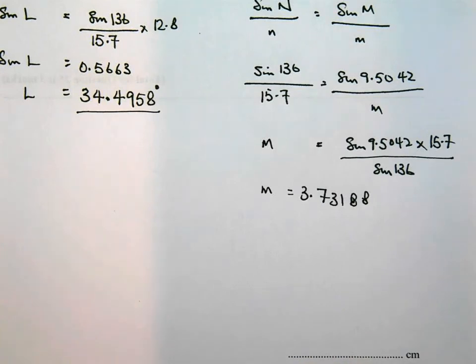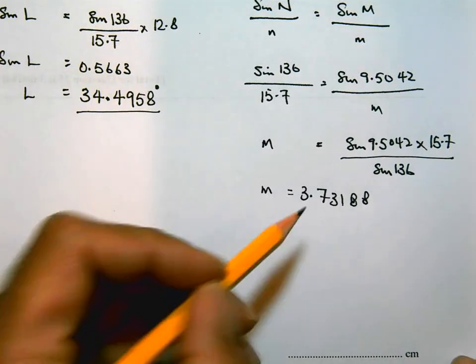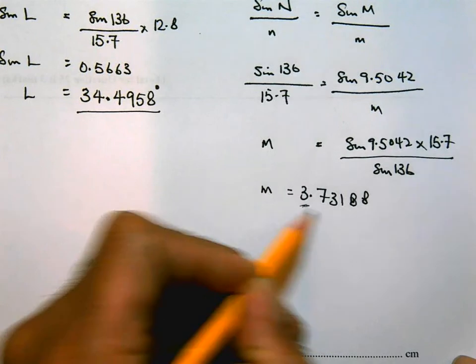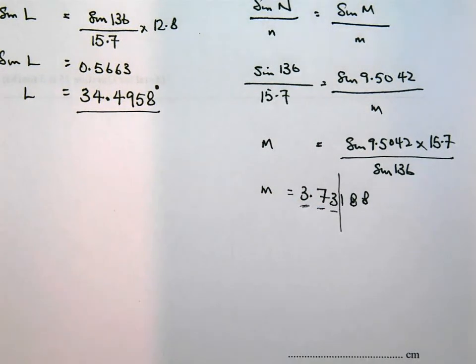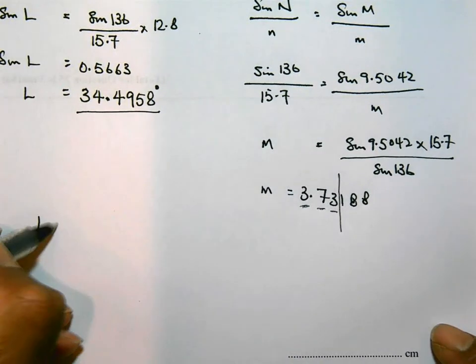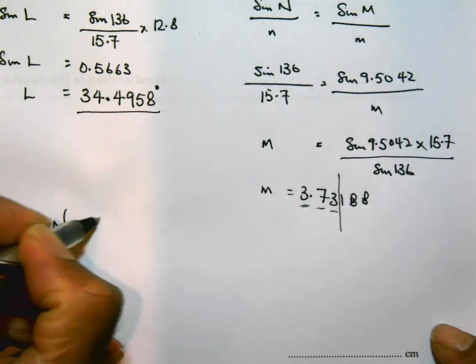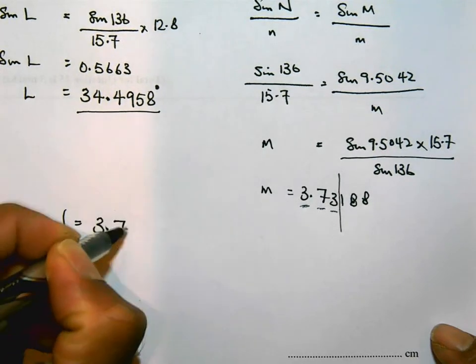Now, working out the answer to 3 significant figures, I just need to look at my original number, what I got on my calculator, 1, 2, 3, and I'm going to chop it off there. Remember what the question asked. They said calculate the value of LN. So LN is going to be 3.73 centimeters, and that's to 3 significant figures.